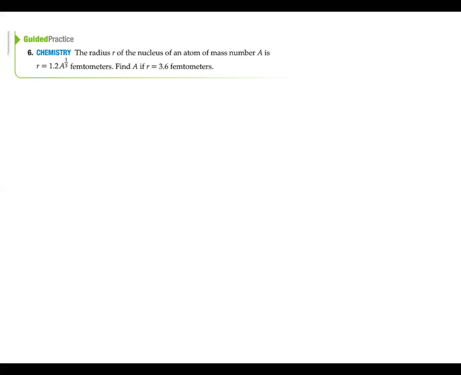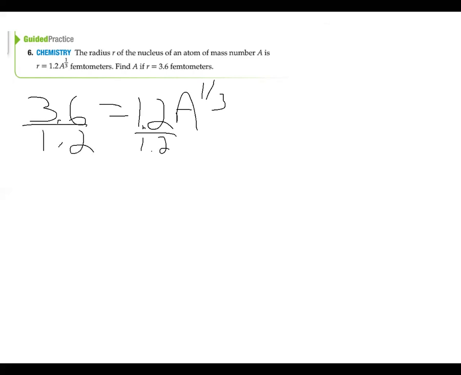Okay, so you don't really need to know all the chemistry involved, just know the equation and what you have to put in where. Well, they say R equals 3.6, so you'd have 3.6 equals 1.2 A to the 1/3 power. You can divide the 1.2 off both sides. So you get 3 equals A to the 1/3.